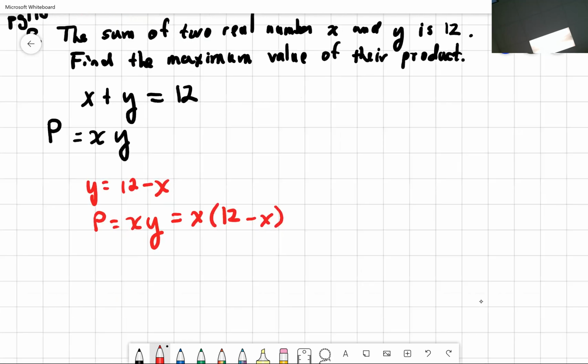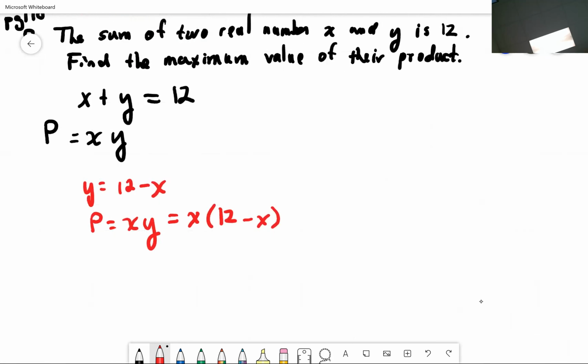In fact, P is really going to be 12x minus x squared. And guess what that is? That's a parabola, and it's facing down. Don't you see it? It's the same question we just did.